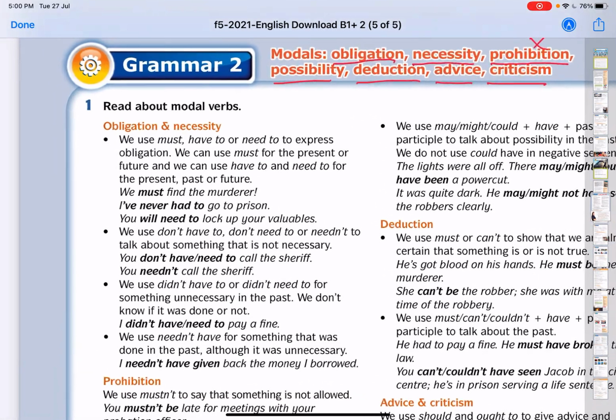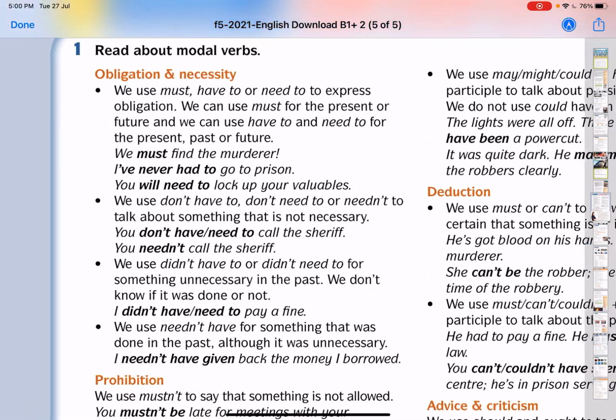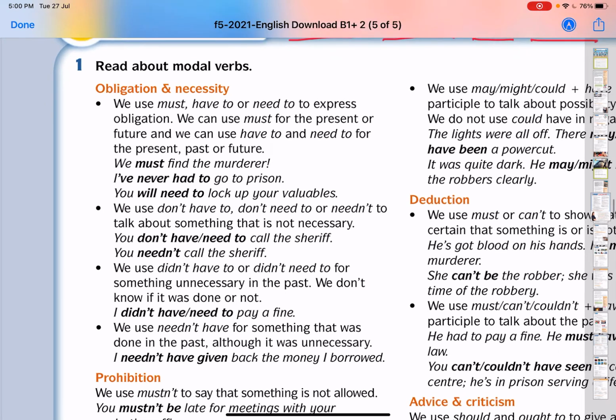Okay, now to show obligation and necessity, you would be using must, have to, or need to express obligation. So we must use must for the present or future, and we can use have to and need to for the present, past or future.